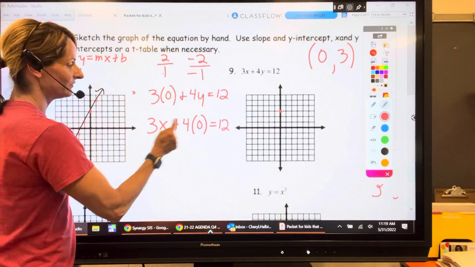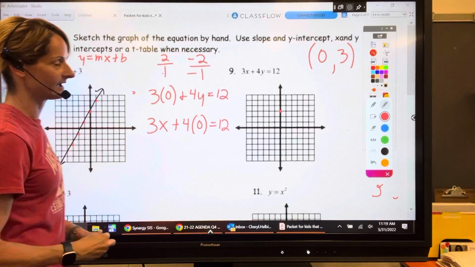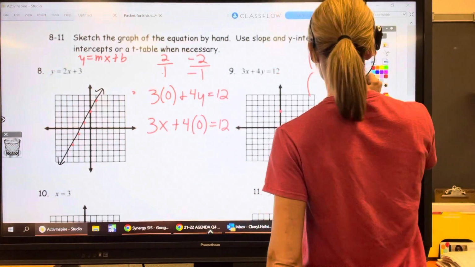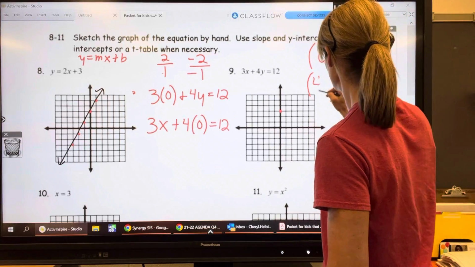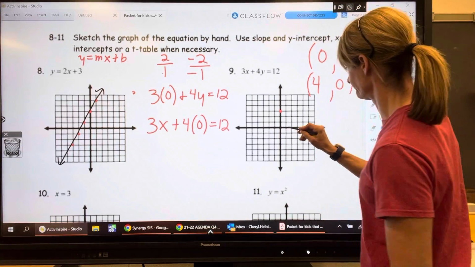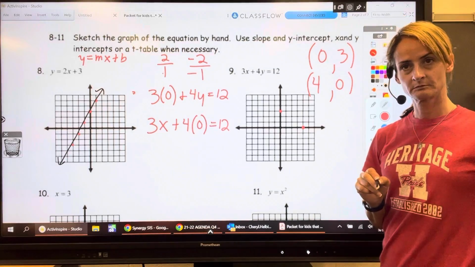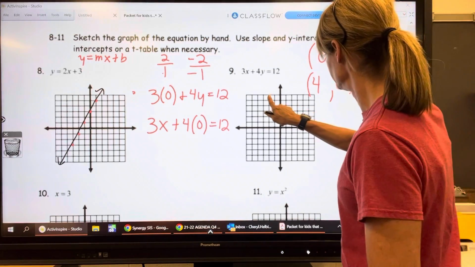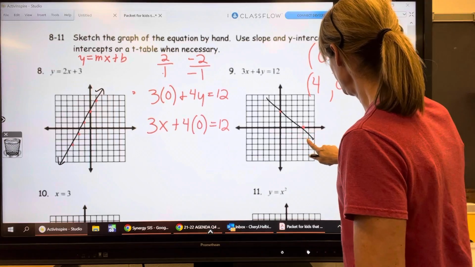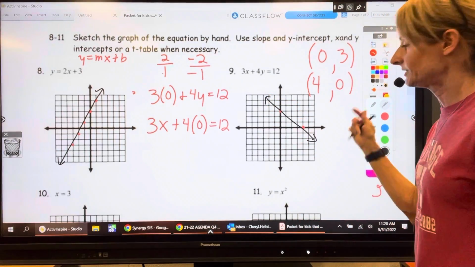So 3 times 4 is 12. So when I plug in 0 for y, I get 4 for x. So the other point we're going to plot is 4, 0. Good? And now we just draw a line. And if we had done it the other way, like we did the first problem, we'll get the same thing.